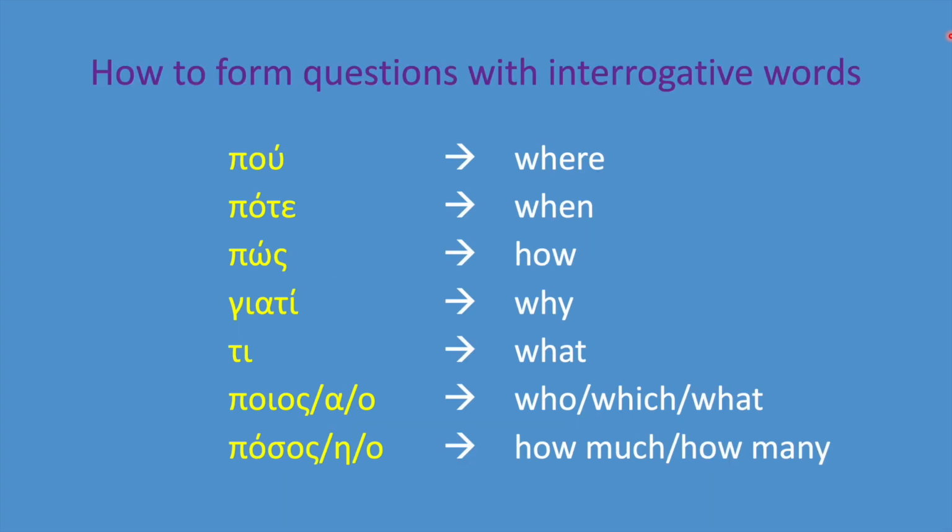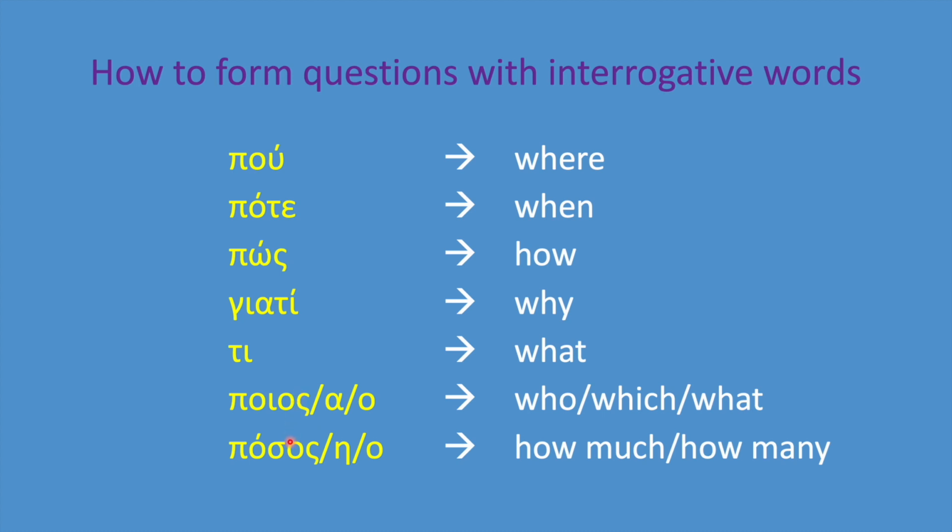Now, let's see how to form questions with interrogative words. Πού, πότε, πώς, γιατί, τι, ποιος, ποια, ποιο, πόσος, πόσοι, πόσο.